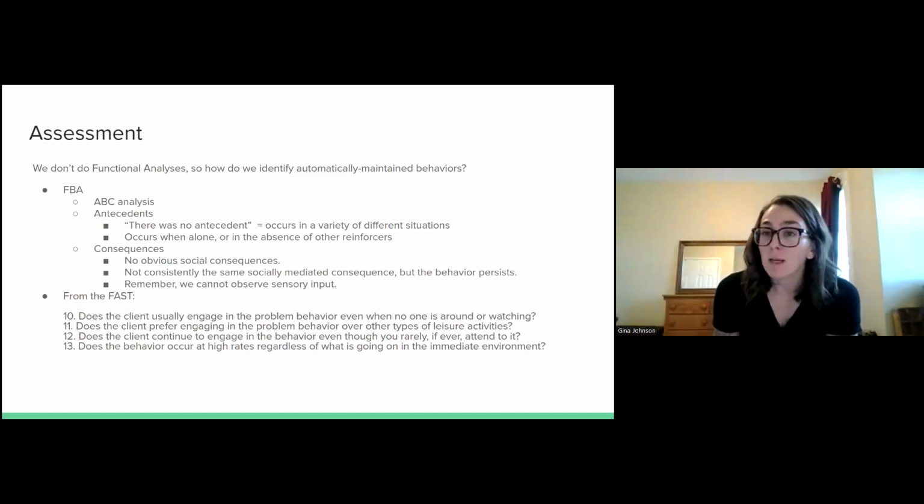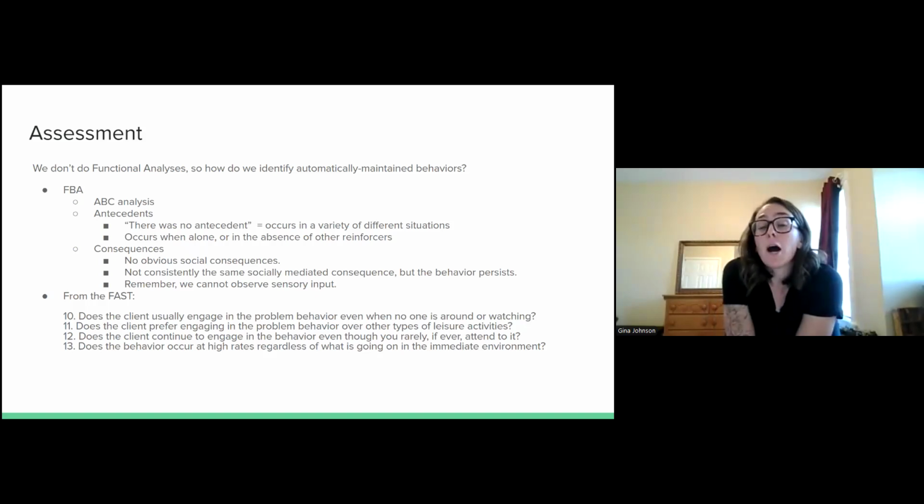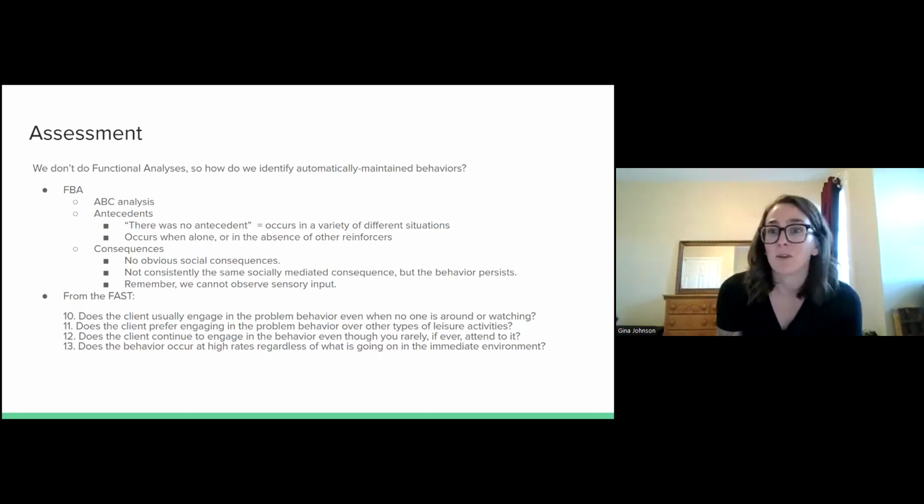Consequences, again, there might be no consequence. There's nothing observable. We couldn't observe a social consequence. Nothing was applied or removed that we could see. Or it's not consistent. We might have taken a bunch of ABCs and attention was applied in 50% and there was no attention in 50% of them.